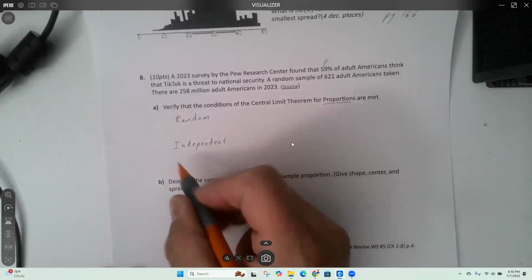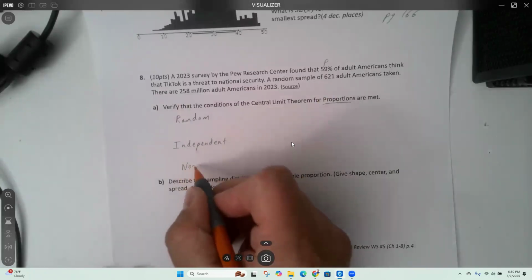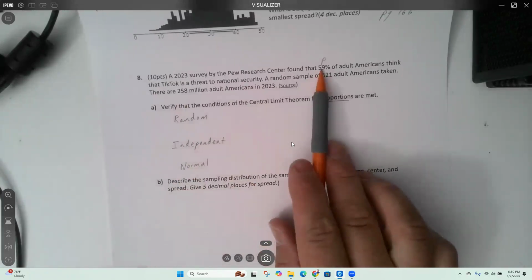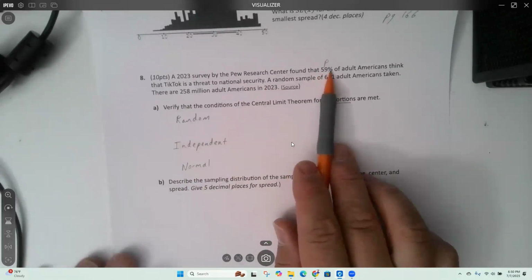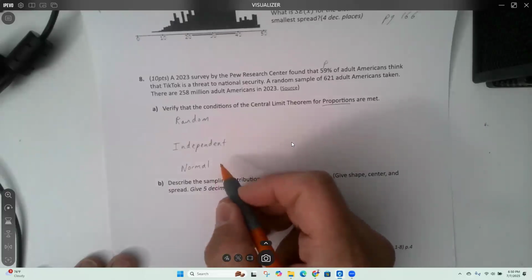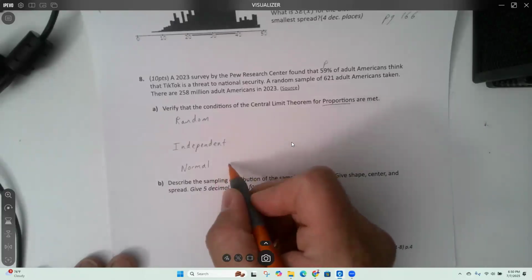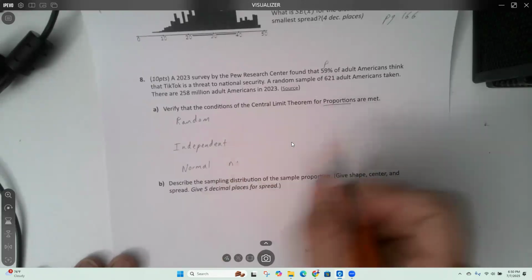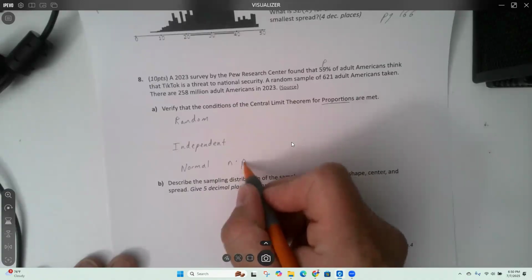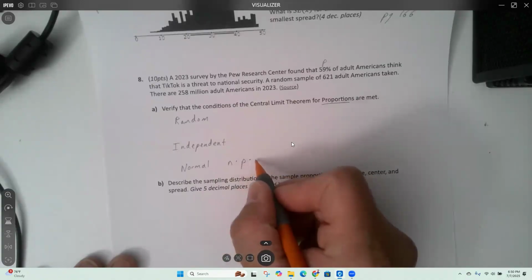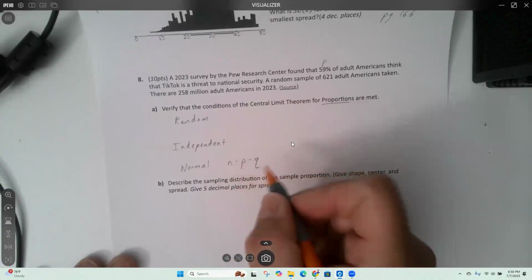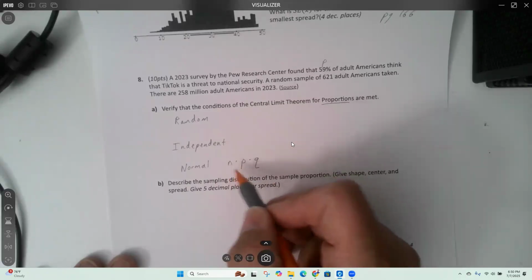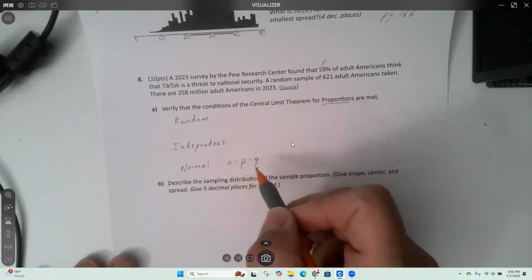The one that's different is normal. It depends on whether we are talking about means or proportions. Here we're talking about a proportion, and I know that because of the percent here. So I need to make sure my sample size is big enough. I can't just say it's got to be bigger than 30. That's what I did for means. For proportions, you have to do a little more work. You have to multiply n times p times q, because it's not just that you have to have a sample size of 30, you have to have enough successes and enough failures.